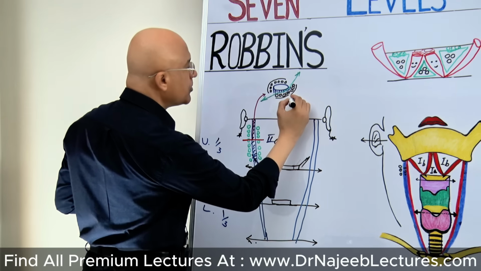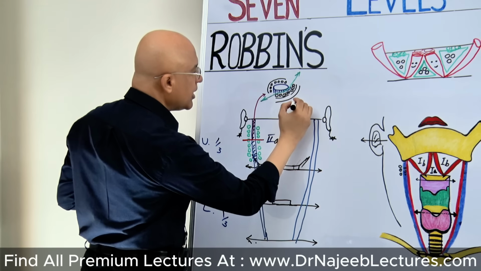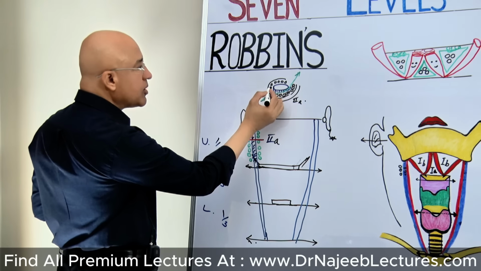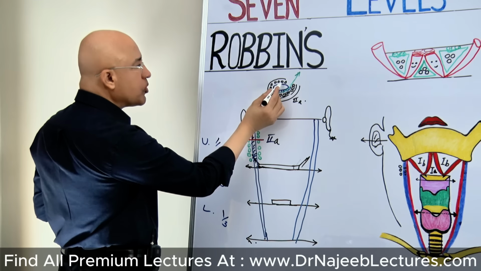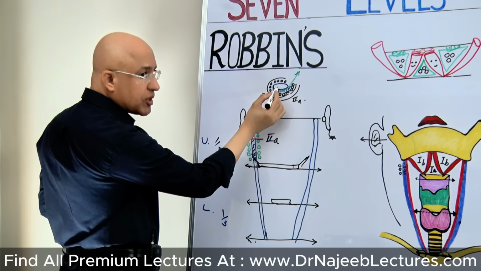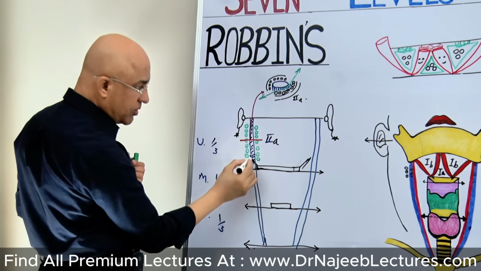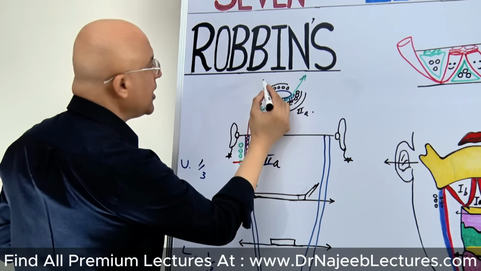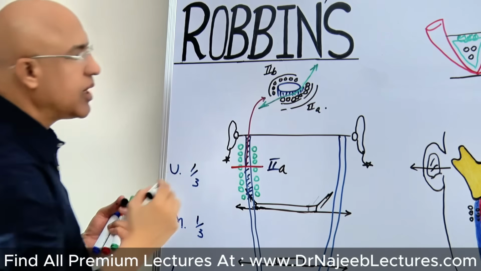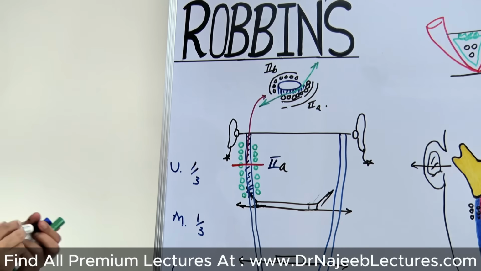And those which are posterolateral to the internal jugular vein, in the upper one-third, are called level 2B.